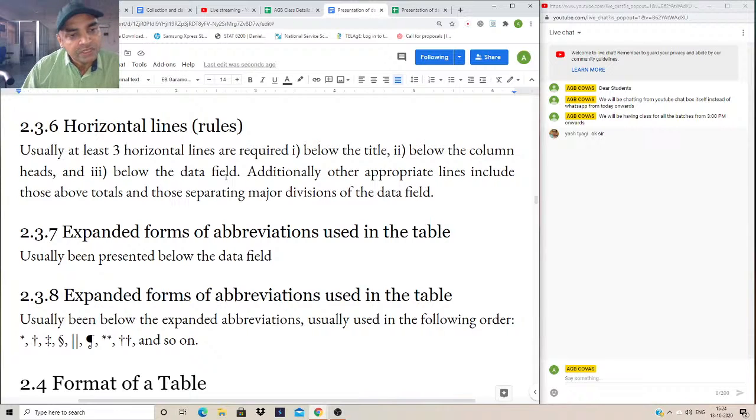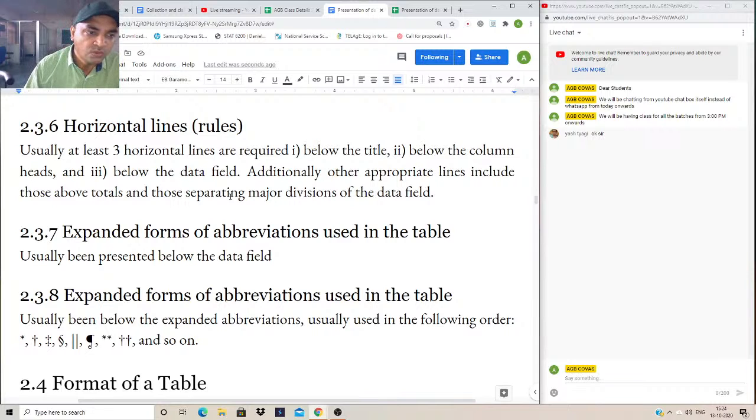So only horizontal lines should be presented. No vertical line should be allowed in a table. At least this is the standard method. Although many people, including me, also use vertical lines so that one may not go from one row to another, it is not a standard practice. One has to have only horizontal lines in a table.